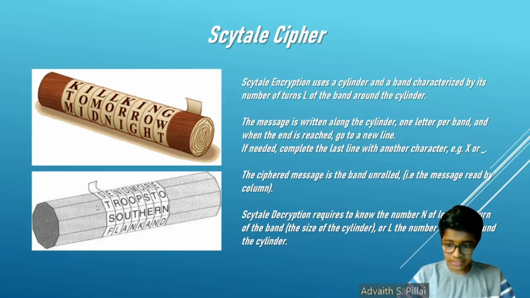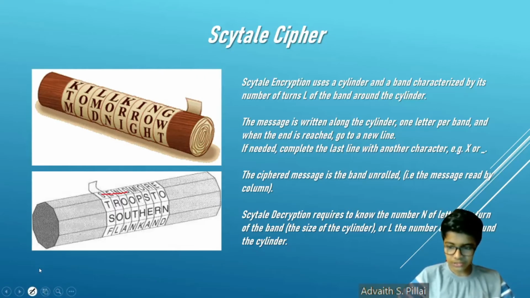Let's look at the other example. Without the wrapping, the letters on the ribbon would look like this: STSFEROL. I hope you understand. Now if we wrap it around, you can see the real message: send more troops to southern flank hand. Okay guys, so this is how the Scytale Cipher works.